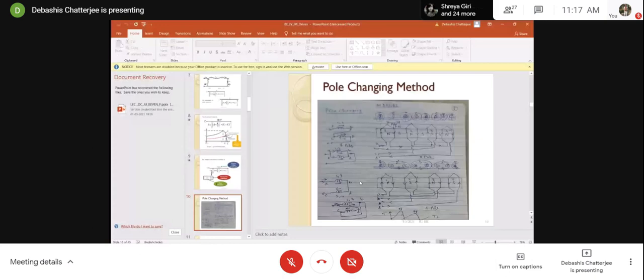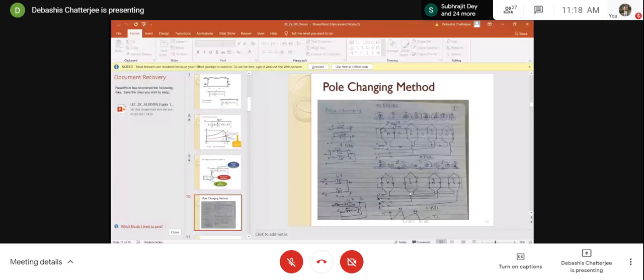Okay, so we get N, S, N, and S, right? So we get only 4 poles. In between we don't get any poles. So in this way we can vary the number of poles in the winding, right? We can connect an 8 pole machine into 4 pole, and into 2 pole also we can do.